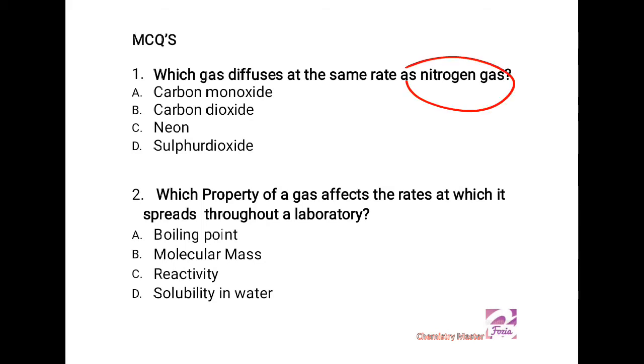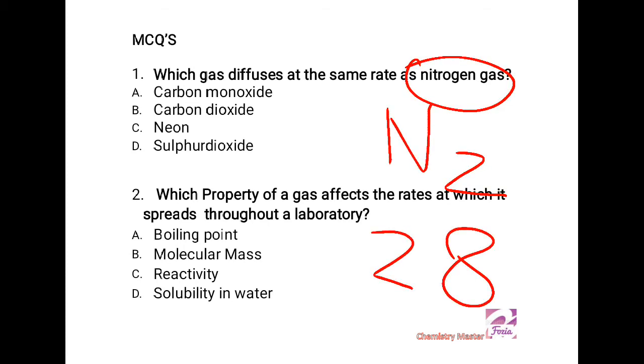Nitrogen gas has the molecular formula N2. It is a diatomic molecule. One nitrogen atom weighs 14 grams, so two atoms must weigh 28 grams or atomic mass units.